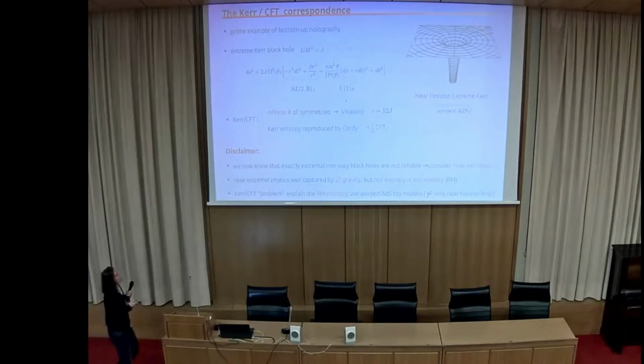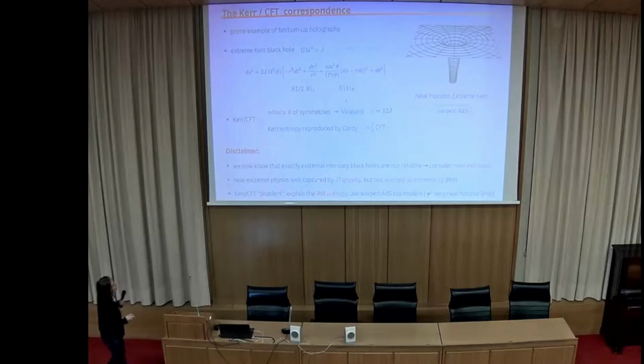A lot of the features of this Kerr/CFT business are actually related to the near-extremal behavior of the black hole, and many of them are captured by a JT gravity model that just has to do with the reduction to two dimensions. Maybe one should consider something a bit more general than JT gravity, but that's roughly it.